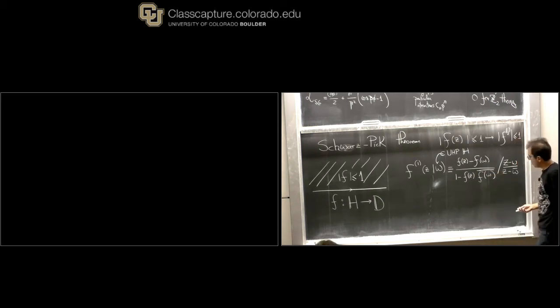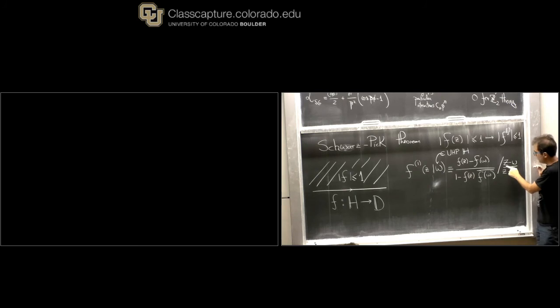And you can easily check that this f1 has no new singularities. Why? Because you see z minus w bar is in the lower half plane, so this is never 0. And z minus w is indeed a singularity. It's a 0 when z is equal to w, but when z equals w, this cancels. So this still has no singularities. And what about the boundary of the disk?